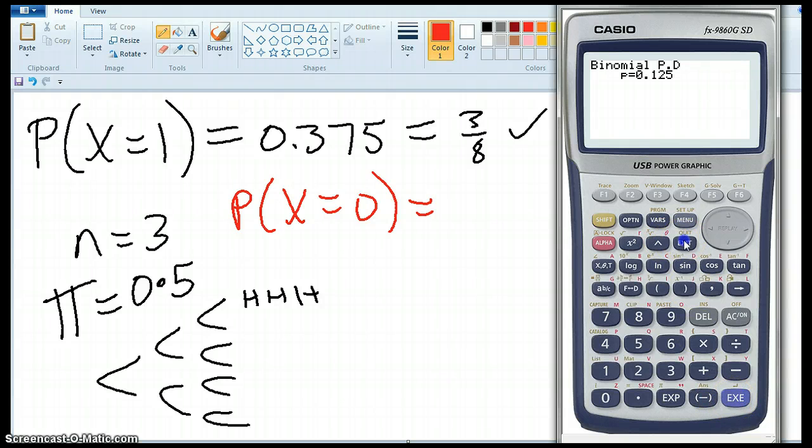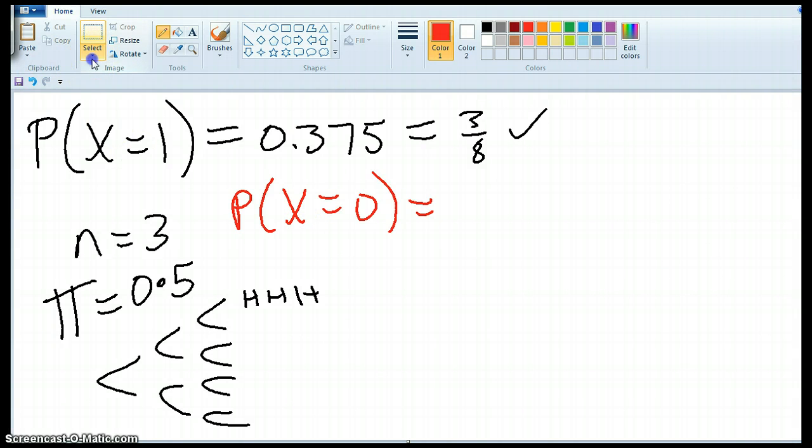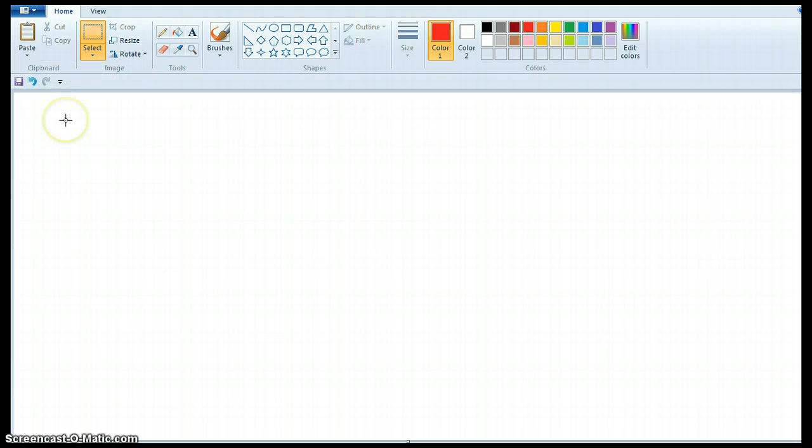If I was to say the probability of it equaling 3 heads, what was that? Yeah, 1/8. Okay, if I now said, and this is actually going to the next page almost, what's the probability of x being less than or equal to 2?